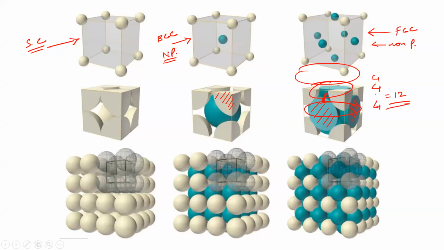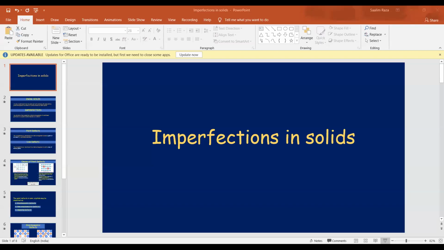Fine. So you have all these slides, right? I shared these in the last class. Okay. Now we'll be learning about imperfections in solids. We stop sharing this, and I have a different one. Now, all of you see this?